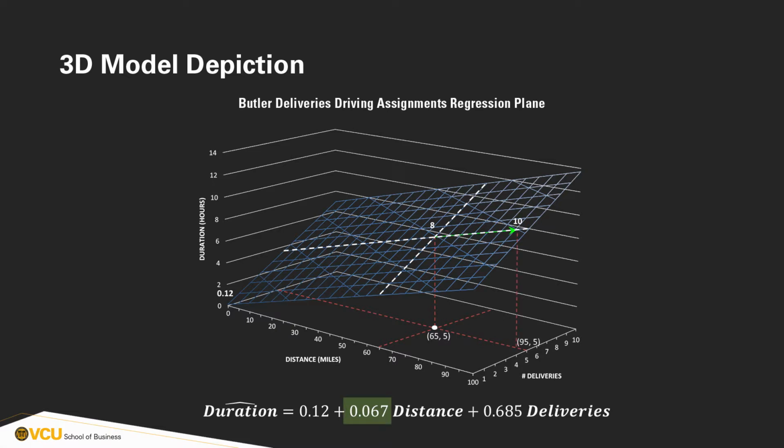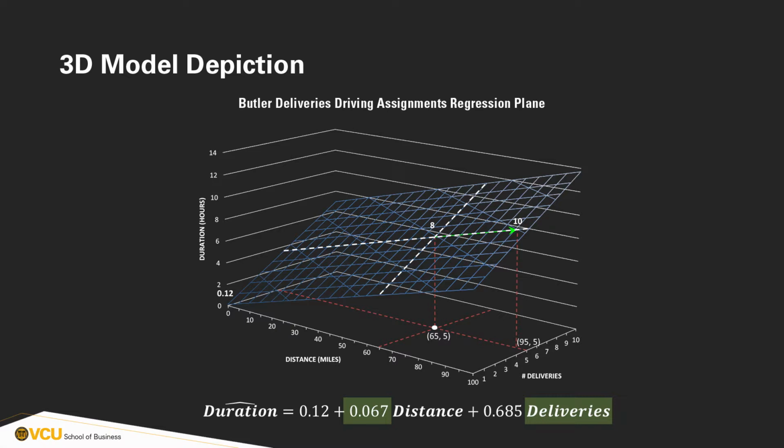So let's take advantage of the linearity of the model and consider a 30-mile increase in the distance covered during the driving assignment rather than just one. The corresponding increase in the duration of the driving assignment will be just 30 times as large, or in this case, about 2 hours. But because we are moving along the variable distance, the other variable, which is the number of deliveries, remains constant at 5, as you can clearly see from the model.